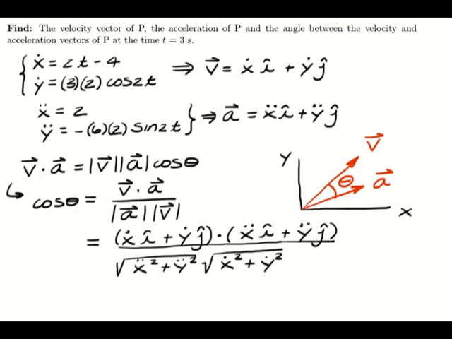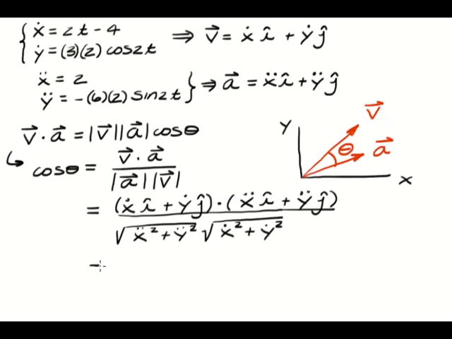So we take the dot product of those two vectors there on the top, we multiply together the x components, multiply the y components, and add those together. And again, we divide by the magnitude of each one, so that's this.